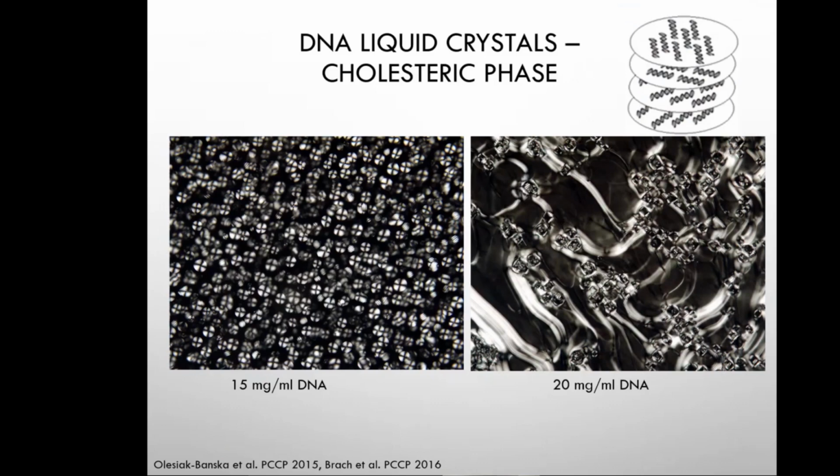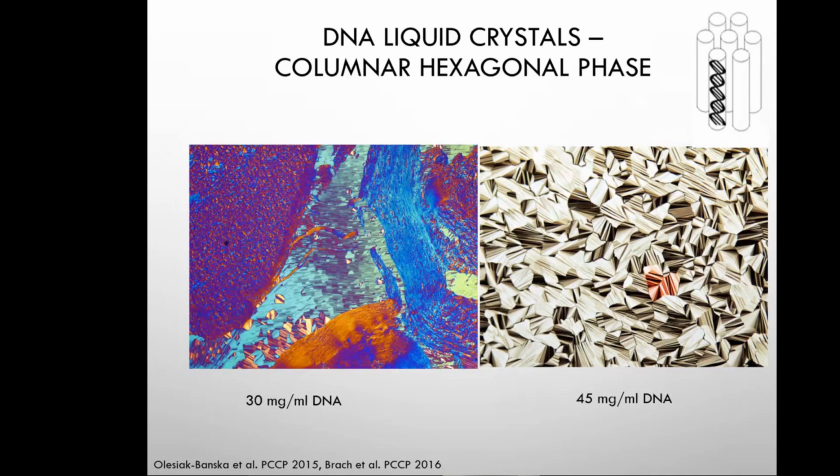So here I wanted to share some pictures, to show how beautiful these phases can be. At a concentration as low as 50 milligrams of DNA per milliliter of water, the spherulites are already present. With increasing concentration, more and more dense phases are observed, and here we have the columnar hexagonal phase.